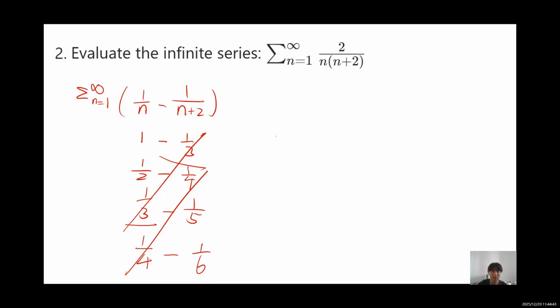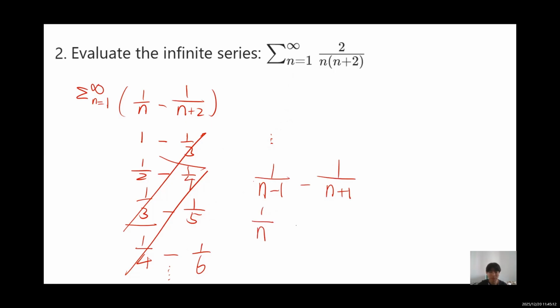So let's just skip this to infinity. It is n. Let's plug in n minus 1 first. 1 over n minus 1 minus 1 over n plus 1.